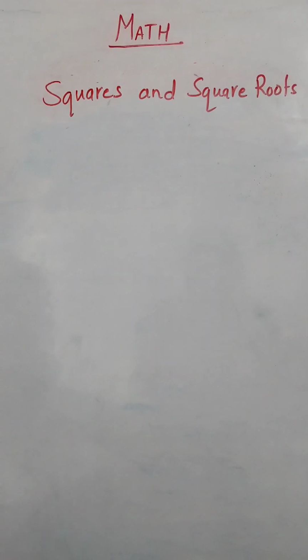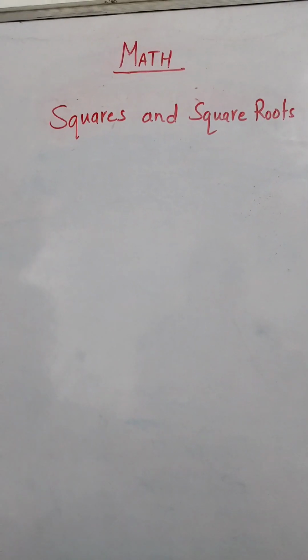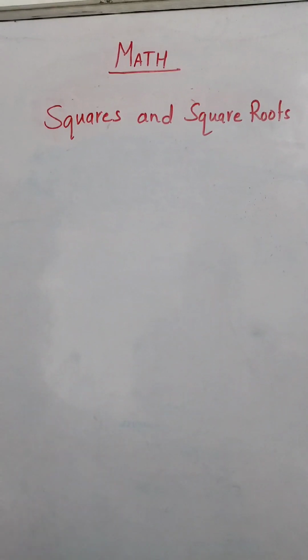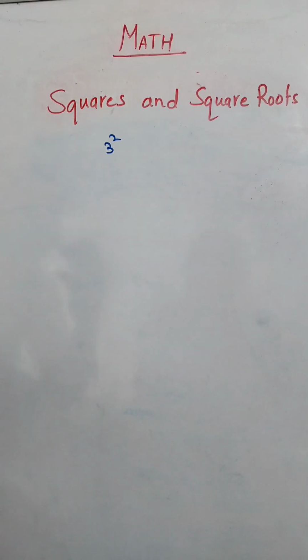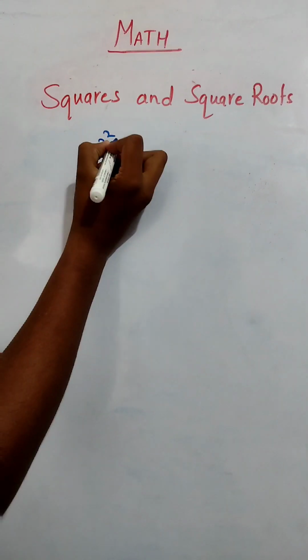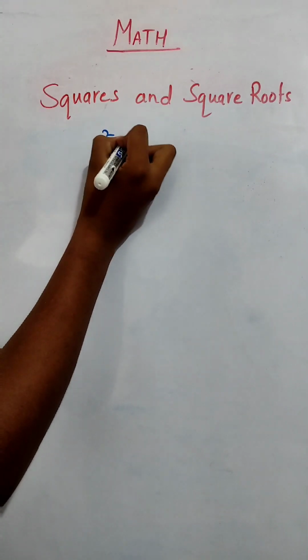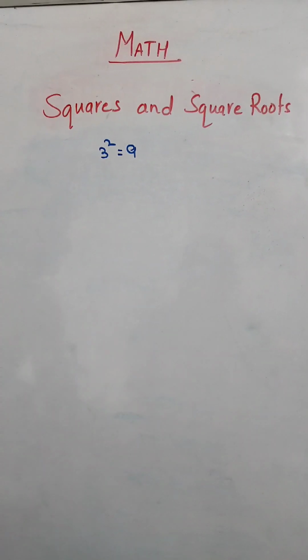Now let's understand what square roots are. So square roots are the numbers which are the opposite of squares. If you remember, we were writing squares as 3 square, as an example, in this form. We can tell this as 9 because we know it. And now let's identify what a square root is.